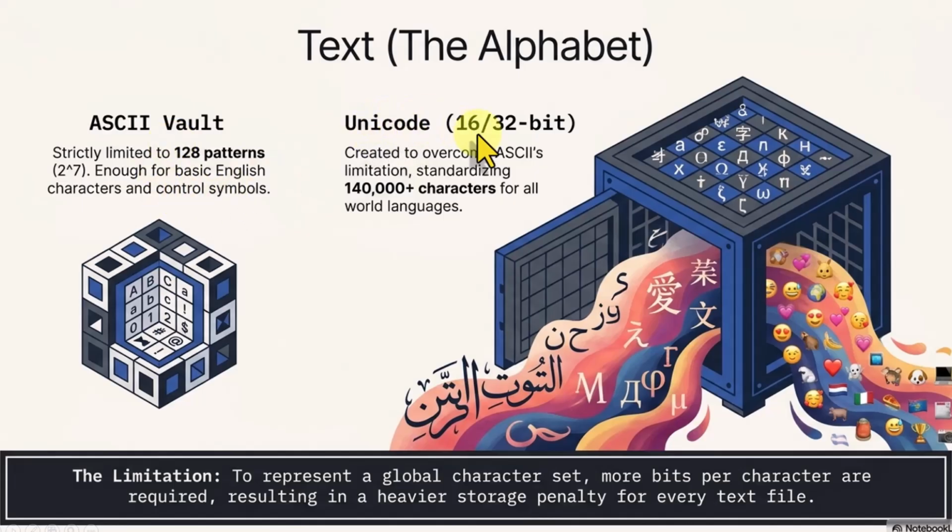Then Unicode uses 16 or 32 bits. This was created to overcome ASCII's limitation, standardizing 140,000 plus characters for all world languages. And the limitation: to represent a global character set, more bits per character are required, resulting in a heavier storage penalty for every text file. So the size of your file will increase.